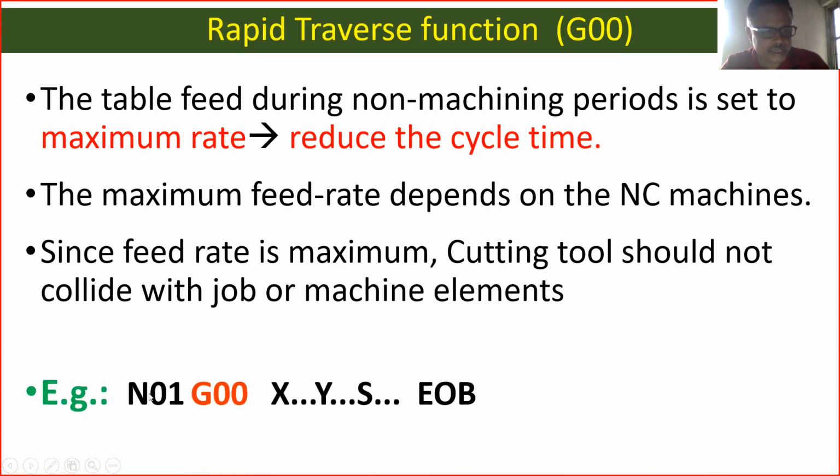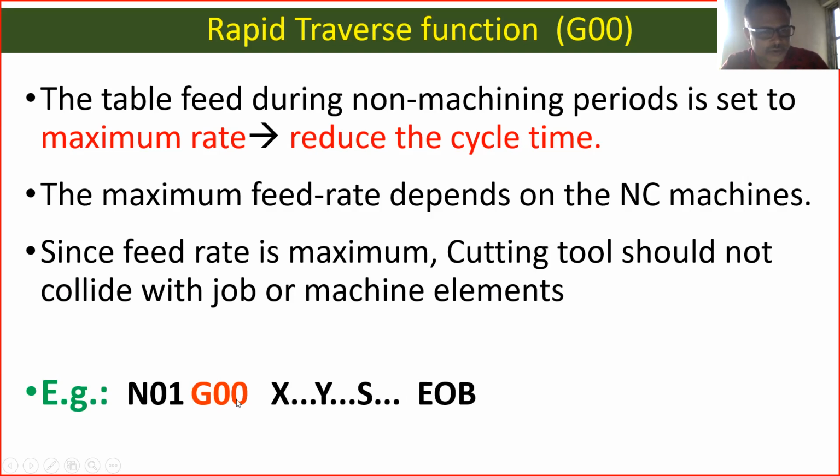For example, sequence number N01, then G00, used for rapid traverse. After the G code, we write X, Y, then spindle speed, end of block.